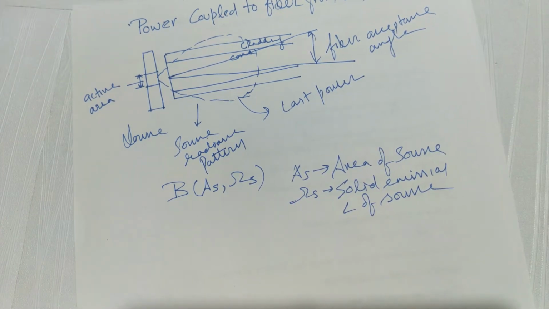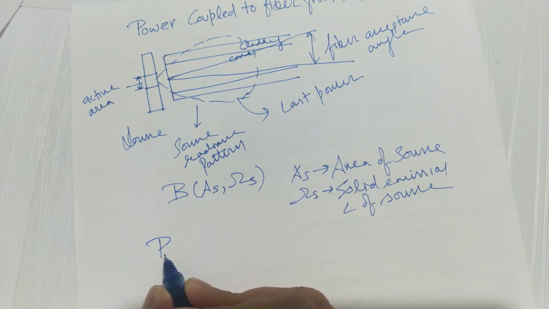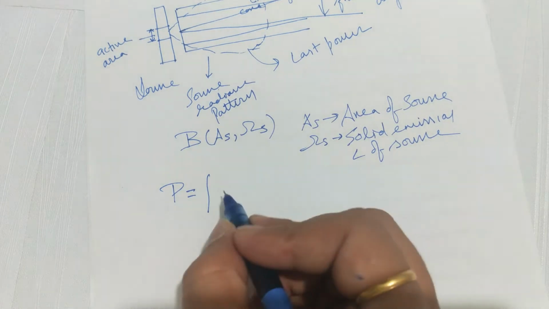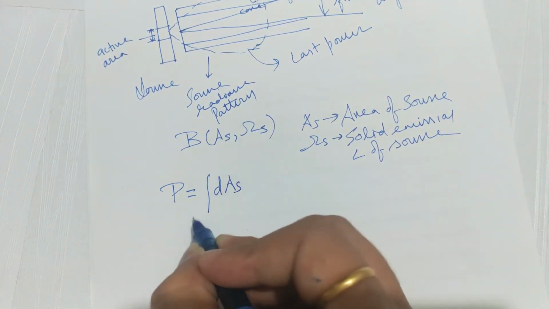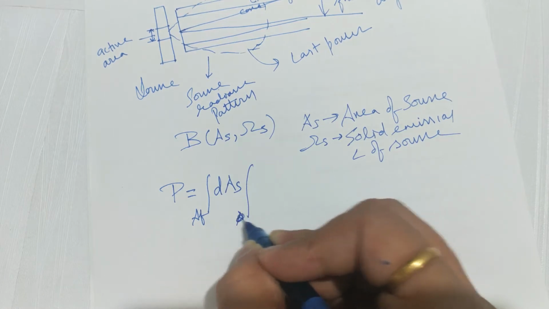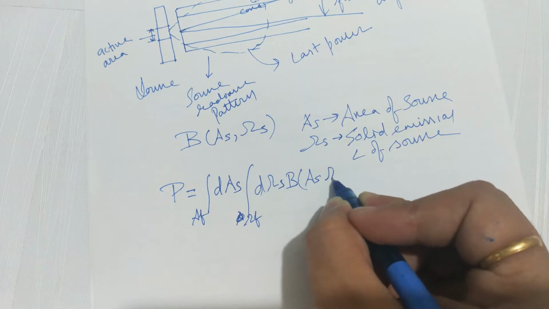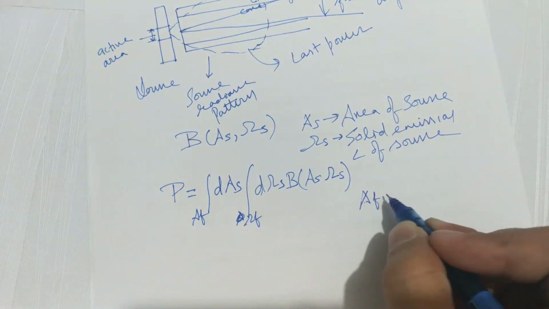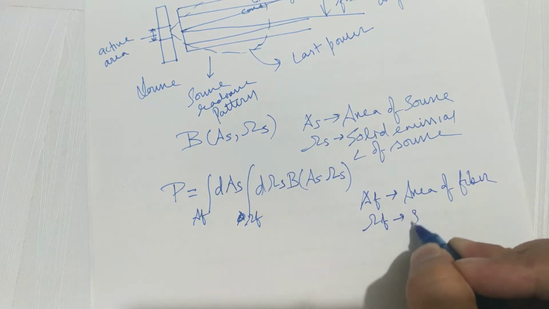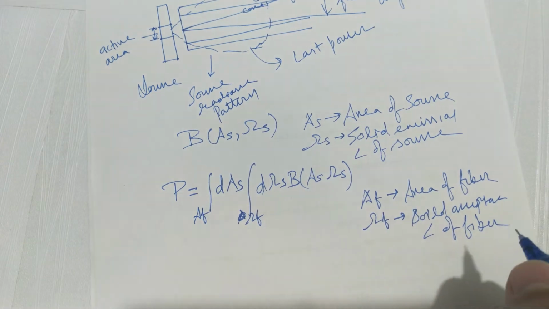Now we can write the coupled power as P equals the integral of dA_s, with limits A_f and omega_f, dOmega_s B(A_s, omega_s), where A_f is the area of the fiber and omega_f is the solid acceptance angle of the fiber.